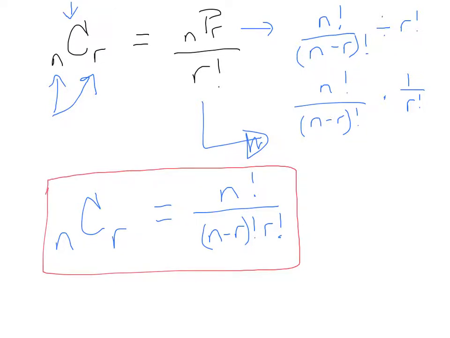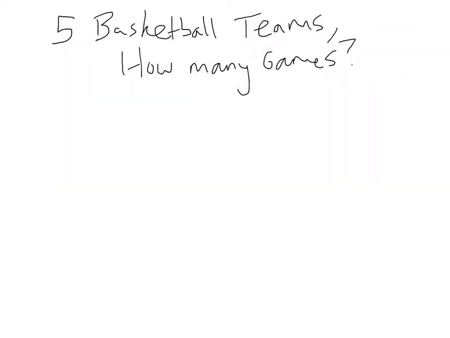So this is fun. Let's see it with some numbers. Going back to the basketball example, if you have 5 basketball teams, how many unique games can be played? Again, with the thought that B playing A is the same as A playing B, we know that it's a combination, because the order in which these things are lined up doesn't matter because you have the same teams playing.